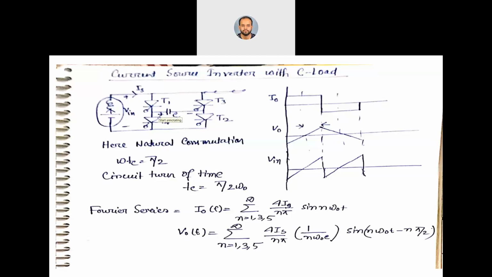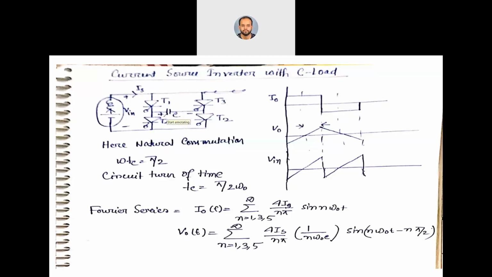If you have doubt in these things, let me clear it again. When current is flowing from this path, it is positive. When the current changes direction, for a couple of moments the voltage across this is still positive. It is decreasing, but still positive, whereas it has to be negative.